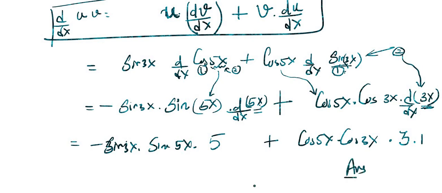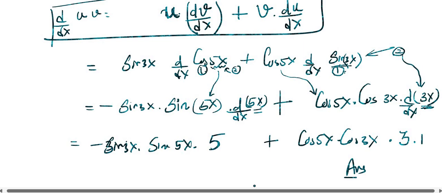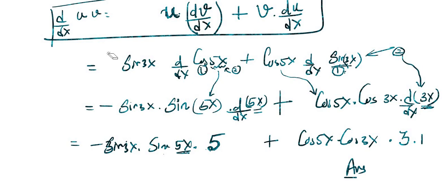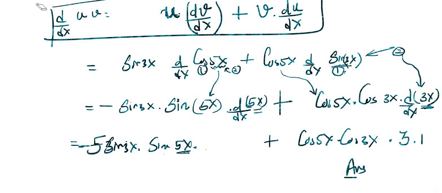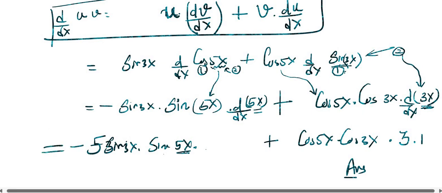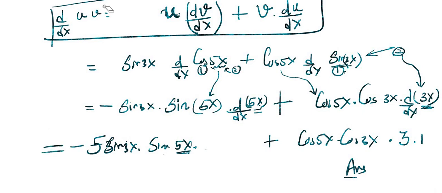Just be careful. Usually when you have 5 or any constant after this, there are chances it gets merged. So it's always better to write any numerical value in front instead of writing it at the end. So this 3 also.